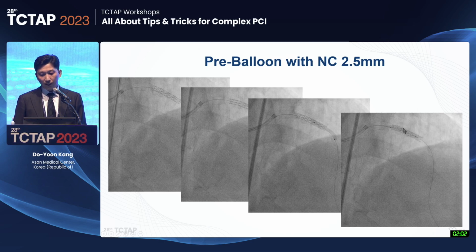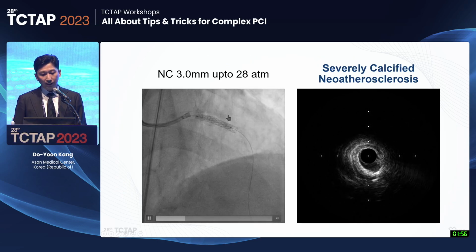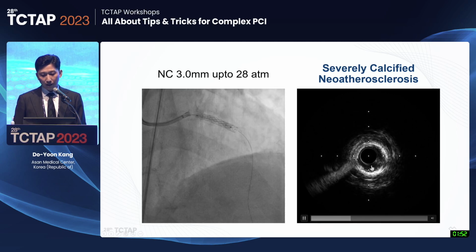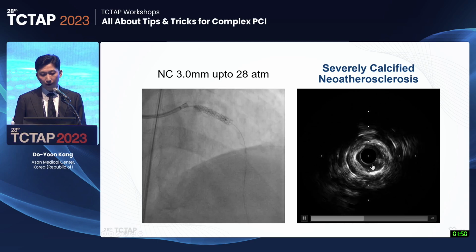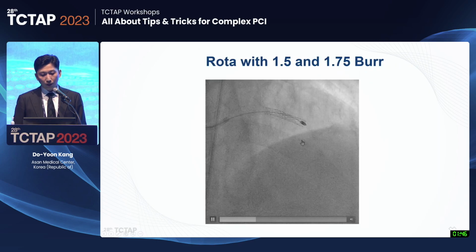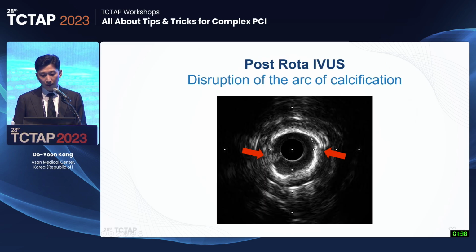You should check the angio image and see carefully whether the balloon is well expanded or not. We did a 3.0 NC balloon up to high pressure, but it did not respond. IVUS shows severe calcified neoatherosclerosis. We did rotablation with a larger burr, 1.5 and 1.75, for debulking of the instent calcification.